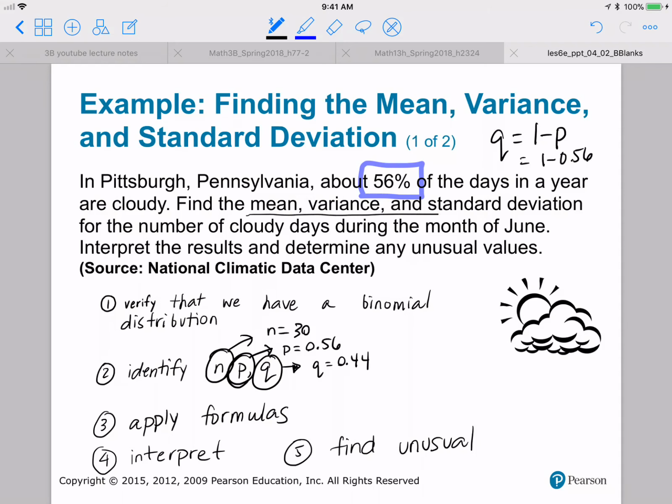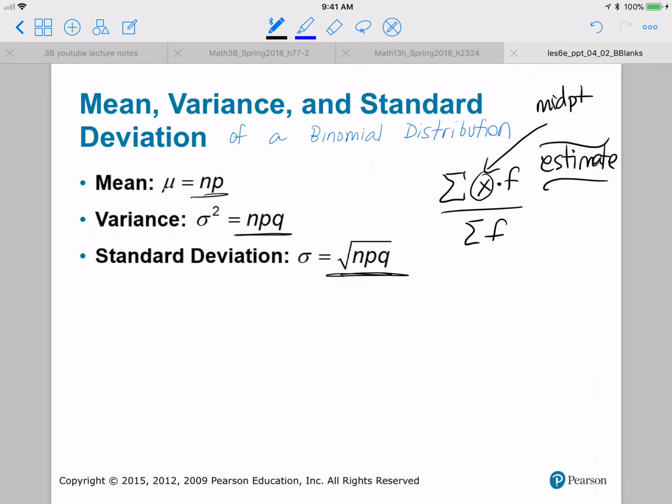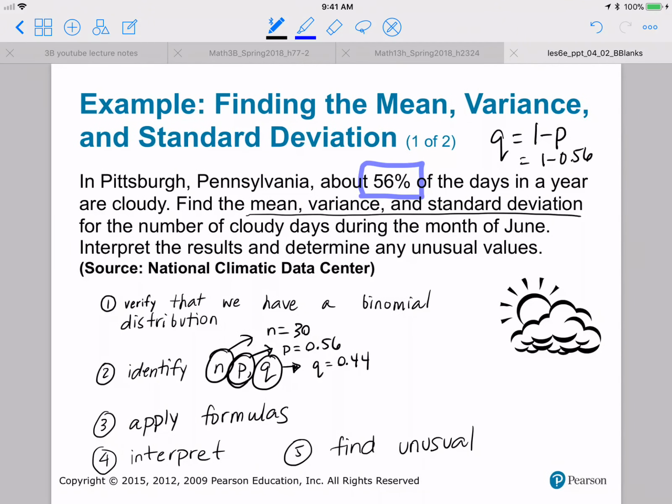Now we can apply the formulas, right? So find the mean, variance, and standard deviation. Well, for the mean, mu is just n times p, which is going to be 30 times 0.56, which is going to be 16.8. What does that mean? We're actually jumping to this part about interpreting the results, right?